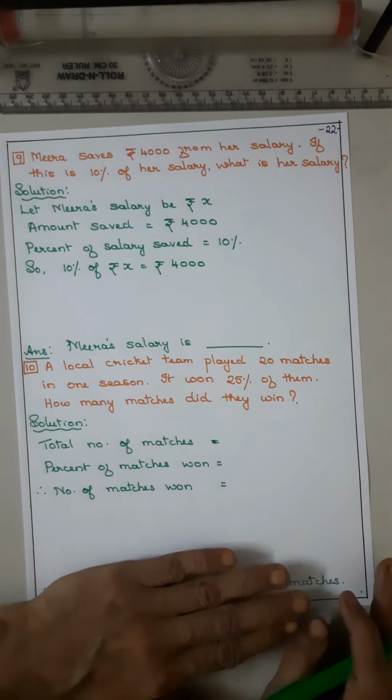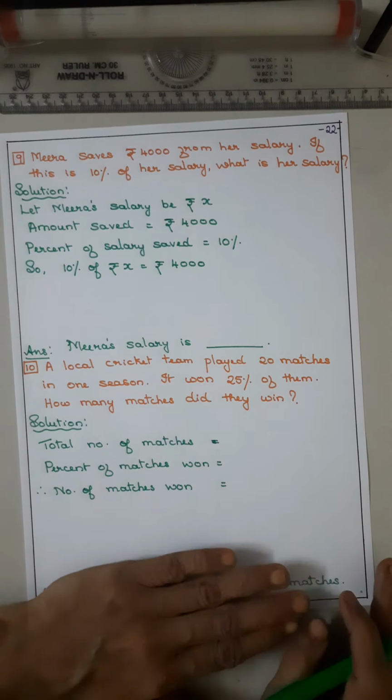Clear? Now coming to the last question of 8.2. A local cricket team played 20 matches in one season. It won 25% of them. How many matches did they win? So total number of matches, how many did they play in total? 20 matches, isn't it? The percent of matches won is 25%. So the number of matches won directly, it is 25% of total.